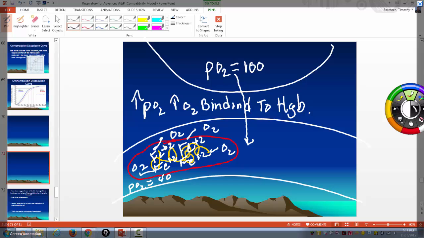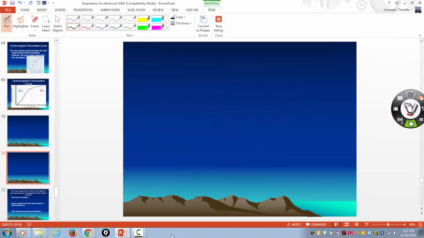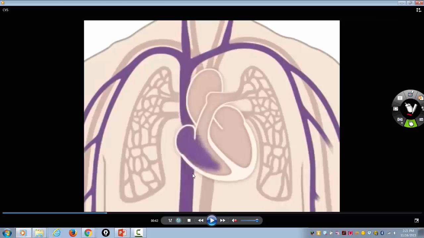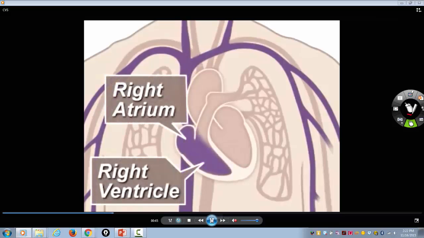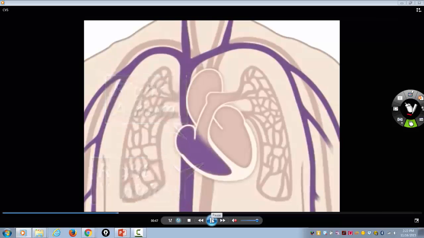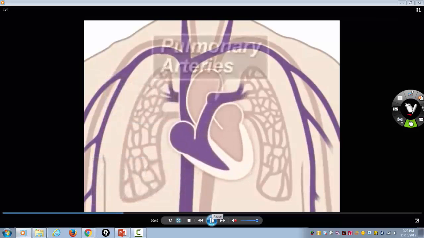So now what's going to happen? That newly oxygenated blood is going to travel from the pulmonary capillaries to the left side of the heart. So the right side, bam, that deoxygenated blood's getting sent there, right?